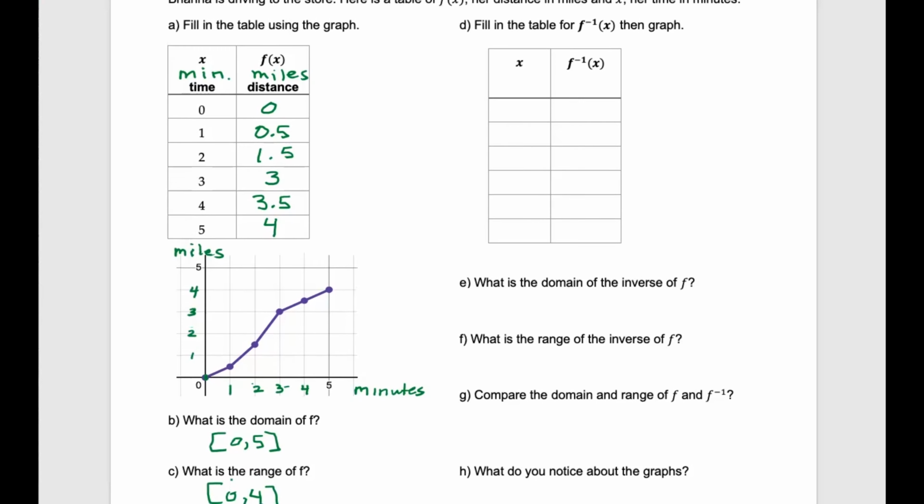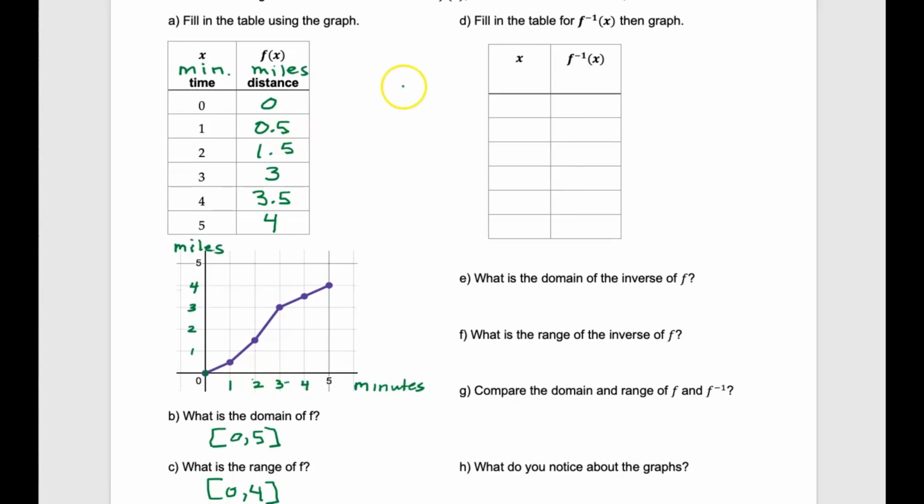All right, so now it's asking us to fill in this table, and then we're going to graph it on the same grid over here. So it wants us now to find the values for our inverse function. So here's our function f of x. The inverse function means we need to switch those inputs and outputs.